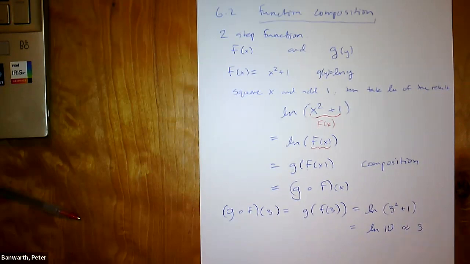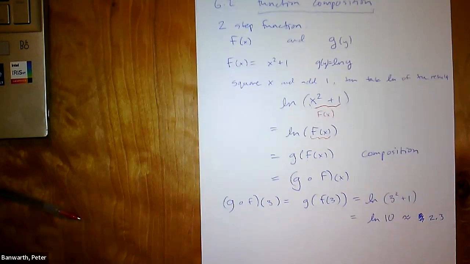If I were to actually calculate it out, I'd get something a little less than 3. Let me just look it up real quick. 2.3, approximately 2.3. And that's basically how a composition works. You just think of it as a two-step function.